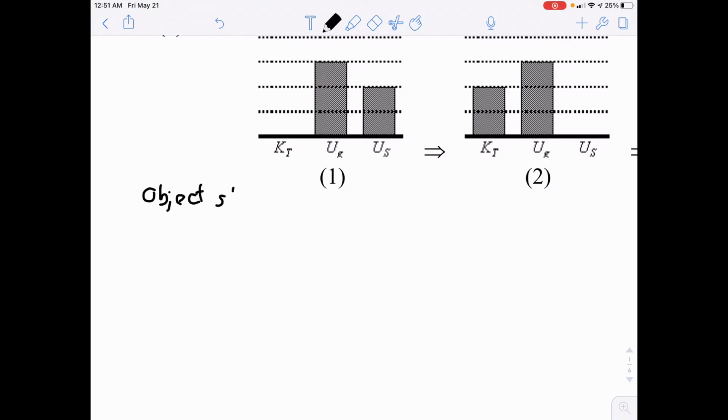Object starts from rest. How do we know this? Translational kinetic energy equals 0.